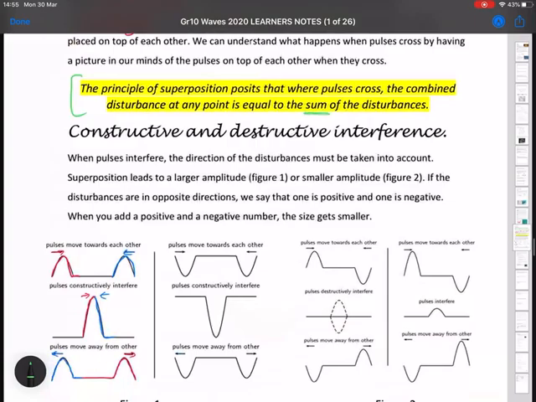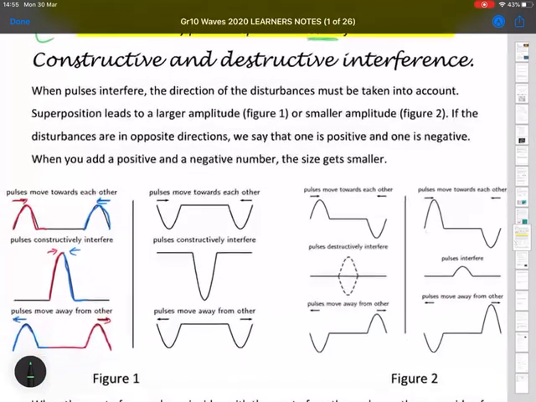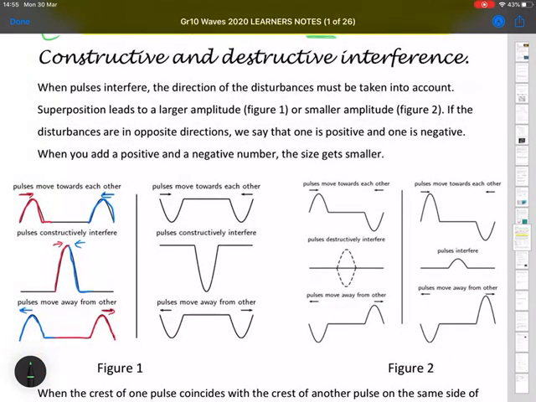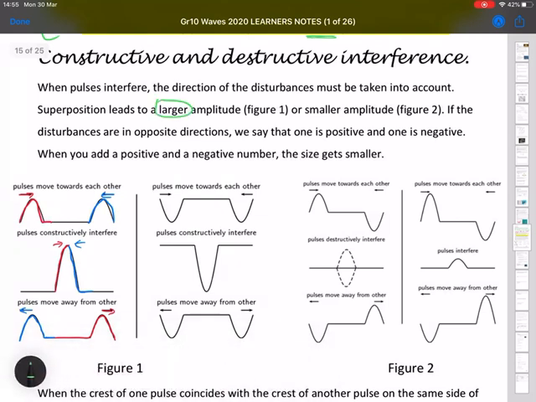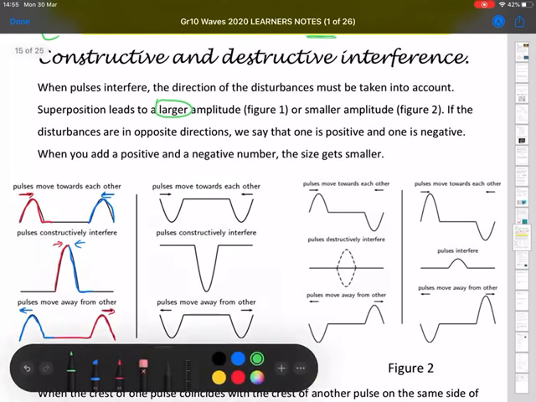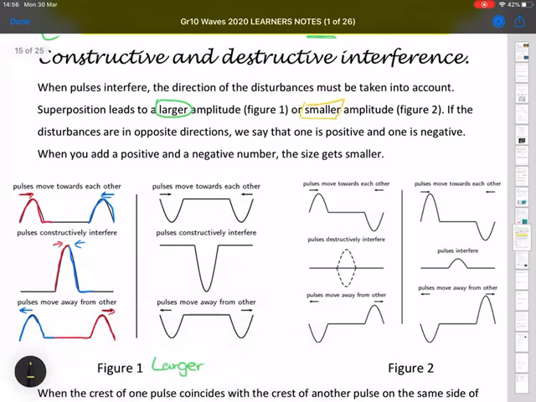Okay, so constructive and destructive interference. When the pulses interfere, the direction of the disturbances must be taken into account. Superposition leads to a larger amplitude, as in figure 1, and a smaller amplitude in figure 2.